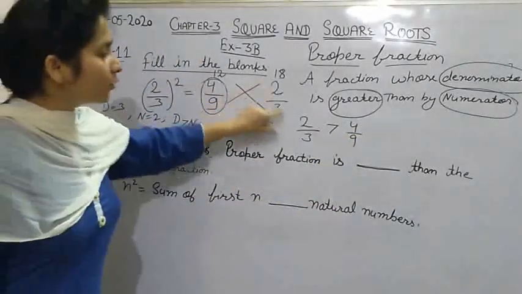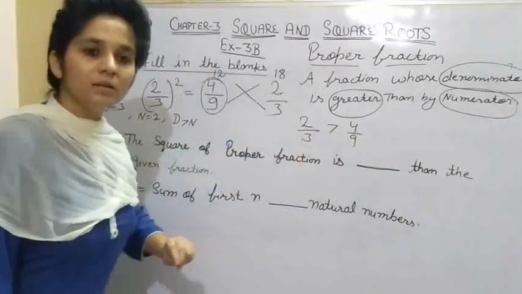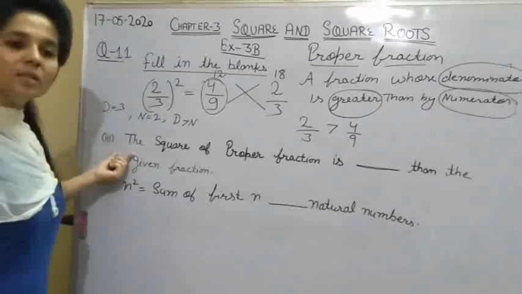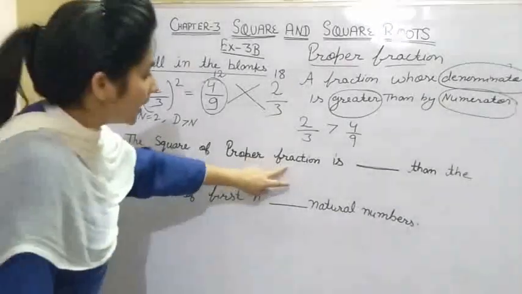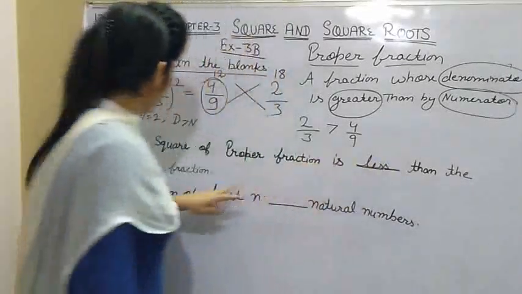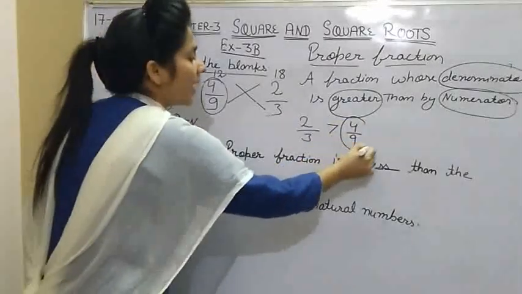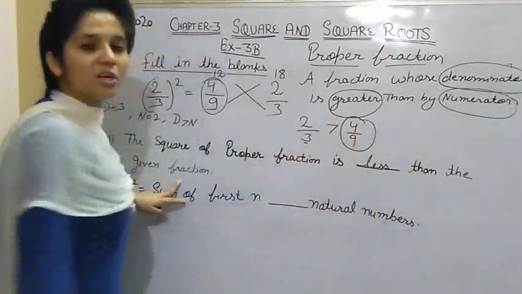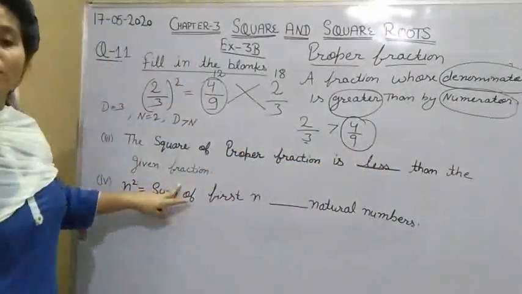You can see that 2 by 3 is greater than 4 by 9. So according to the statement, the square of a proper fraction is less than the given fraction.